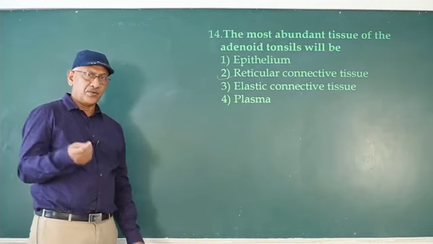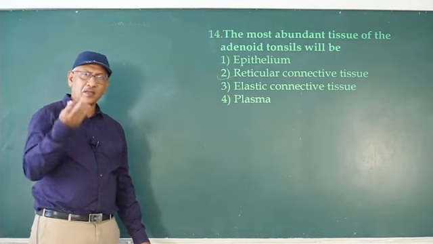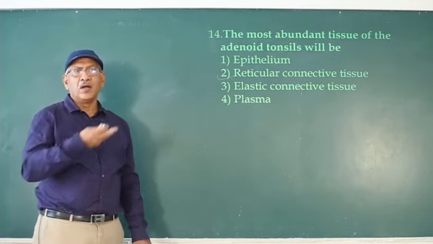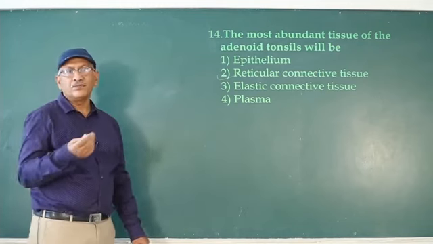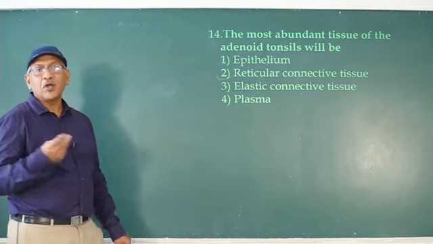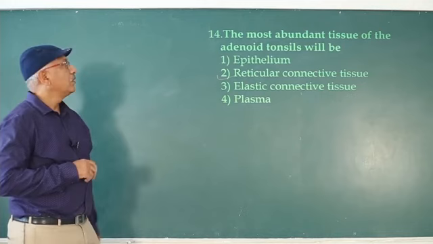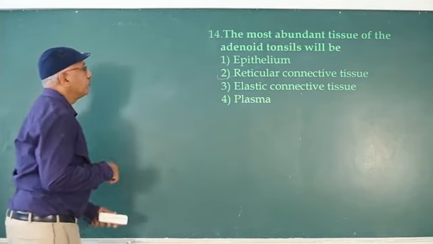Primary lymphoid organs, you all know: red bone marrow, thymus. Secondary lymphoid organs: lymph nodes, spleen, tonsils. The abdominal tonsil is the cecum. So adenoid tonsils, reticular connective tissue.